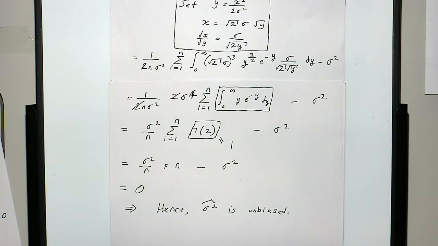Do you want me to do part 5 or can you do it by yourself? Part 5 is similar except that you need to find the MSE of the estimator and show that it approaches 0 as n approaches infinity. Can you do that by yourself or you want me to do it?